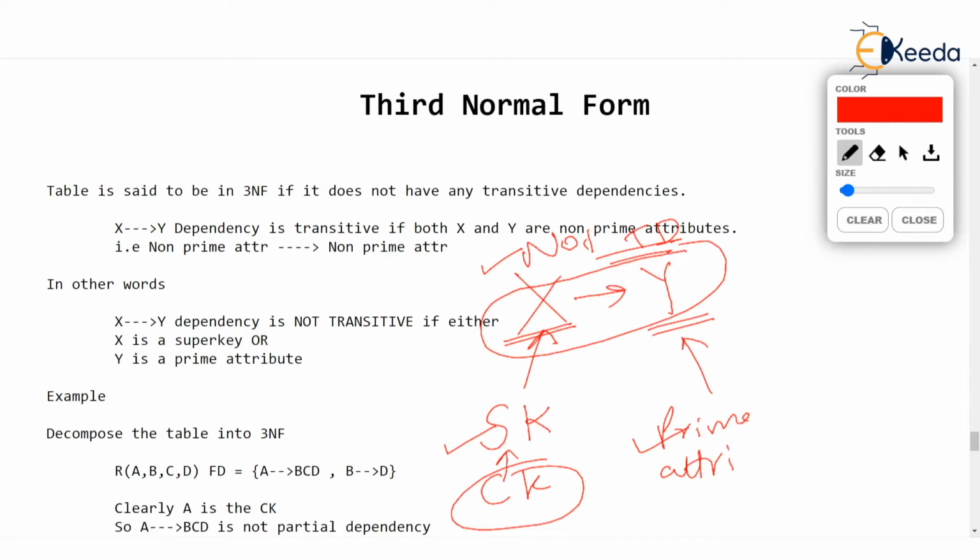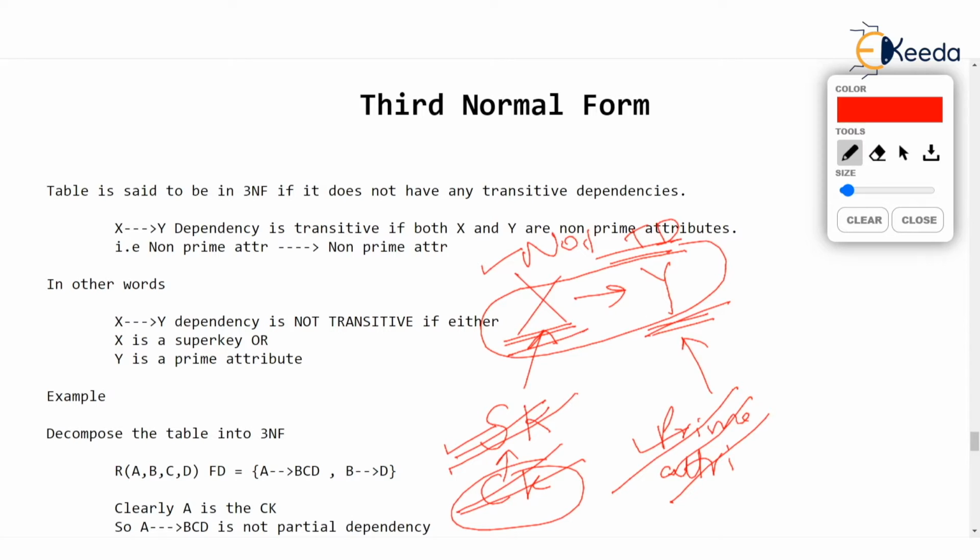If the left hand side is not a super key, that means not a candidate key, and the right hand side is not a prime attribute, that means the left hand side has to be a non-prime attribute because it is not a super key, not a candidate key. And the right hand side is also not a prime attribute. That means a non-prime attribute determines a non-prime attribute. Then the dependency is called a transitive dependency.